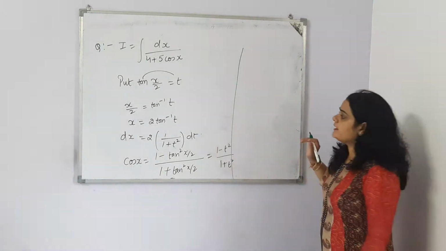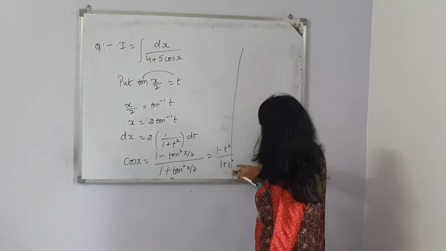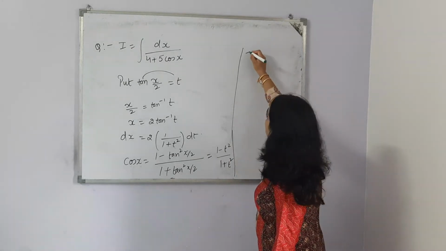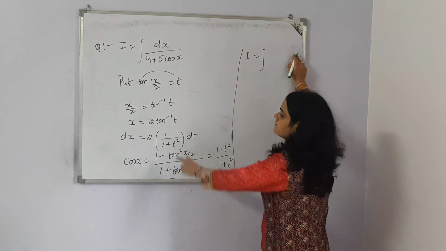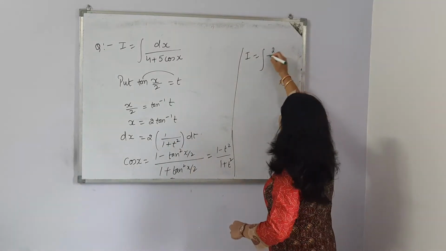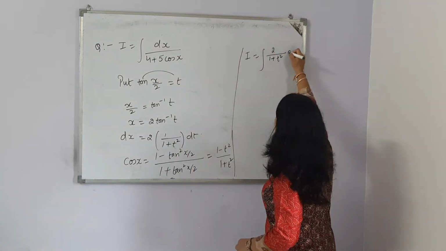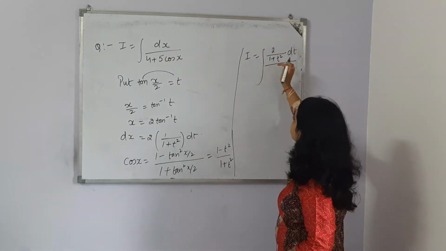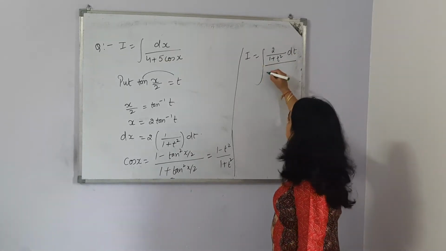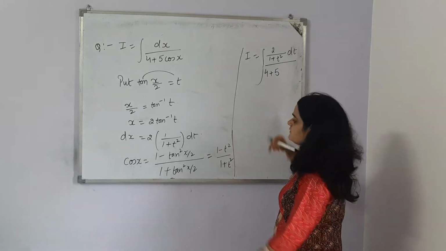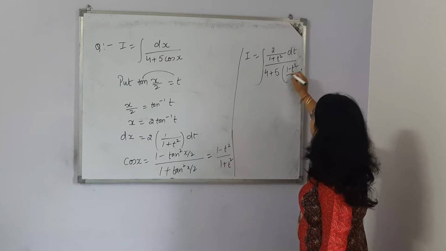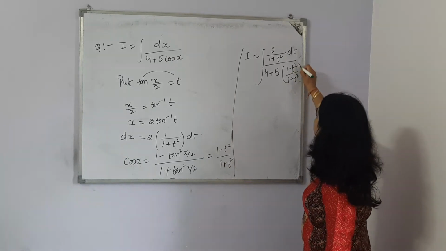Now we'll apply the substitutions. I is equals to, what is dx? dx is equals to 2 upon 1 plus t square dt whole upon 4 plus 5 cos x. Cos x is equals to 1 minus t square whole upon 1 plus t square.